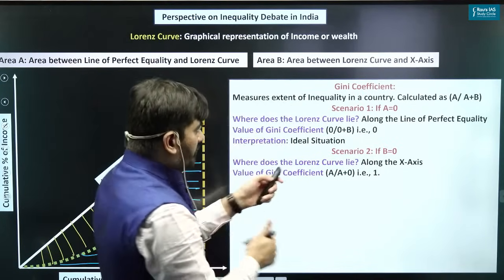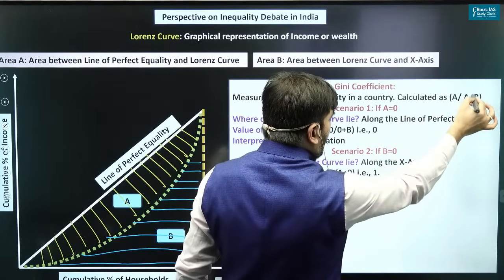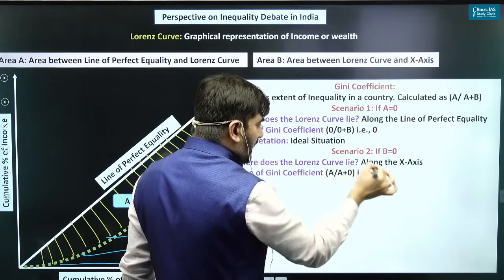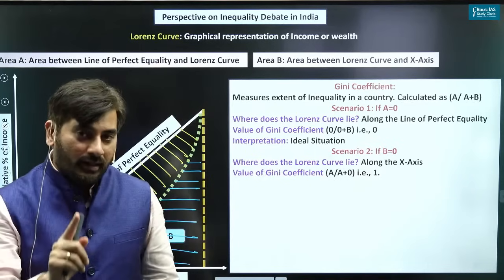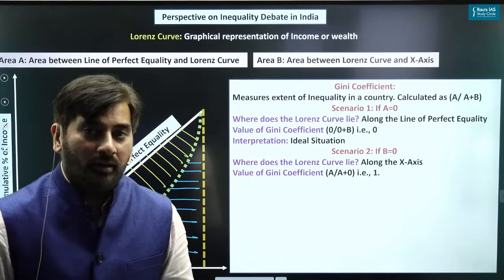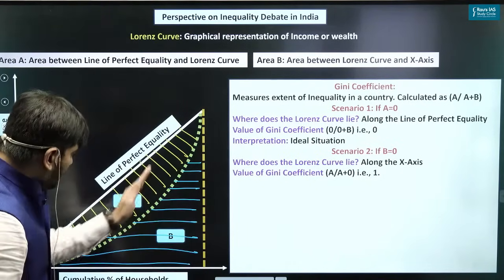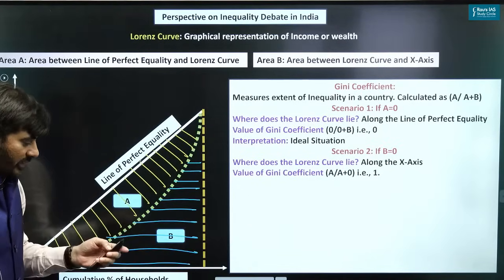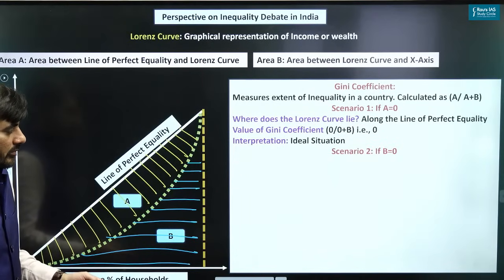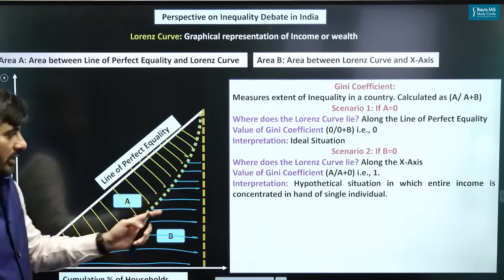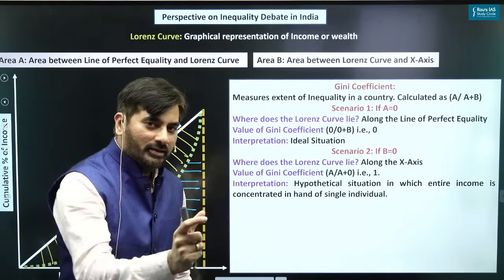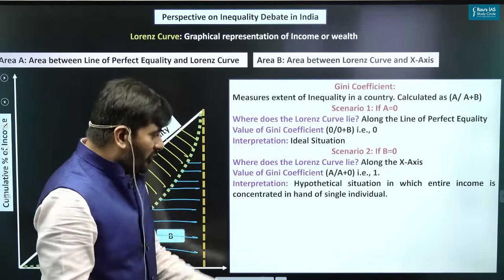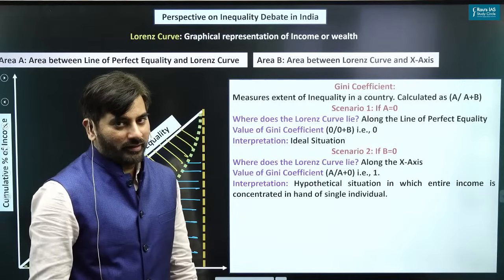Now the Gini coefficient will be A divided by A plus B, A divided by A plus 0, A divided by A will be equal to how much? 1. The Gini coefficient in this case will be equal to 1. Think, I'm saying this Lorentz curve is along the x-axis. What does it mean? It means that the entire income of a country is concentrated in the hands of a single individual, which is obviously a hypothetical situation.